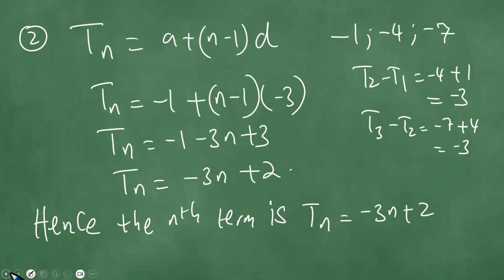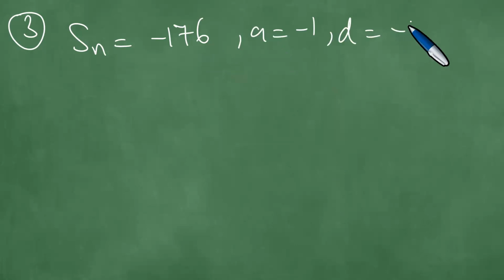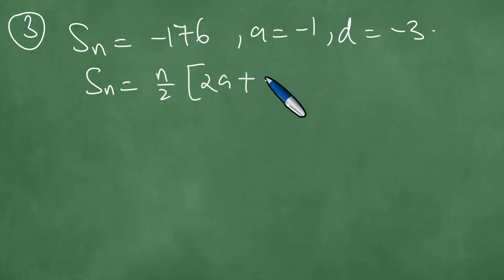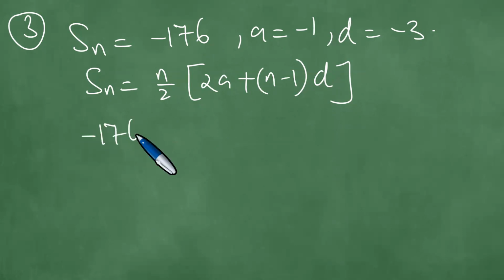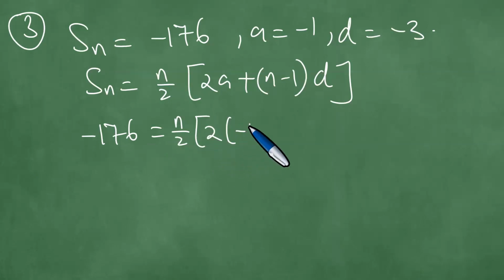The common difference I've already seen is minus 3. So we have Sn equals n over 2 into twice a plus n minus 1 into d. Right, so if this is the case, we know that the sum is minus 176. We need to find n, where this is n over 2 into twice a, which is minus 1, plus n minus 1 into the common difference.